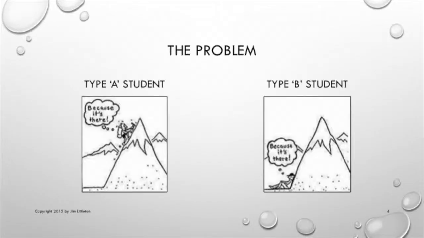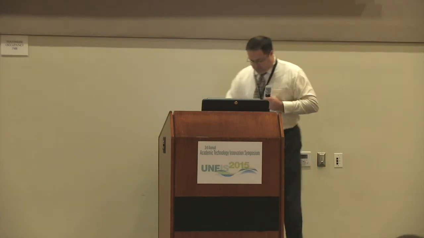Another thing we have to understand about an online class is the difference between the types of students. From psychology, we learn about the two primary types of personalities, type A and type B. Type A students tend to be overachievers. They want to do really well on projects. They want to be proactive when they deal with issues, and they tend to get started right away.